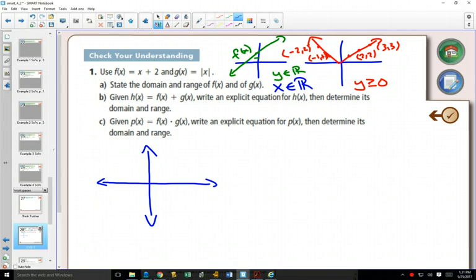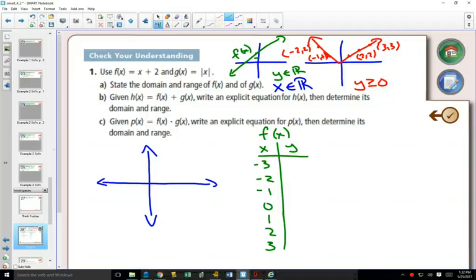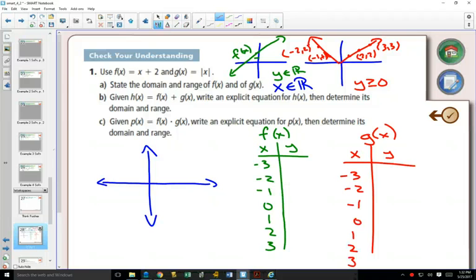In fact, if you wanted to, we could make a table of values of both f of x, that's our green graph. We'll start at -3 and go to 3, just to get a lot of values. And we could make a table of values for g of x, which is our red graph, and then find out what h of x is going to equal.